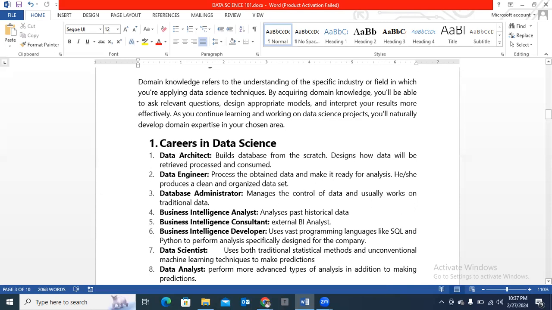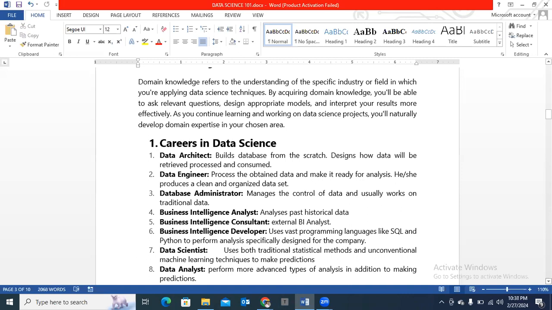And usually they work on traditional data. Later, you will know what a traditional data is. Business intelligence analyst, he analyzes past historical data. Business intelligence consultant is a business intelligence analyst who is contracted only when service is needed.